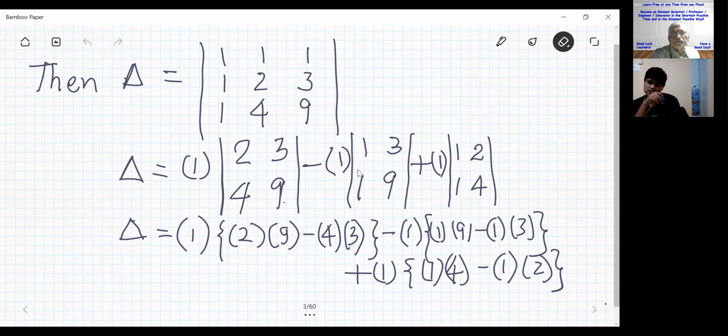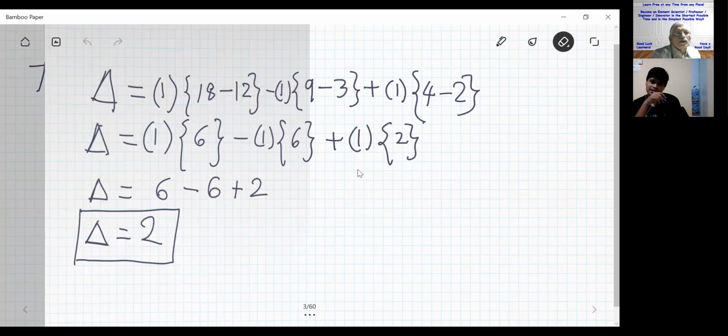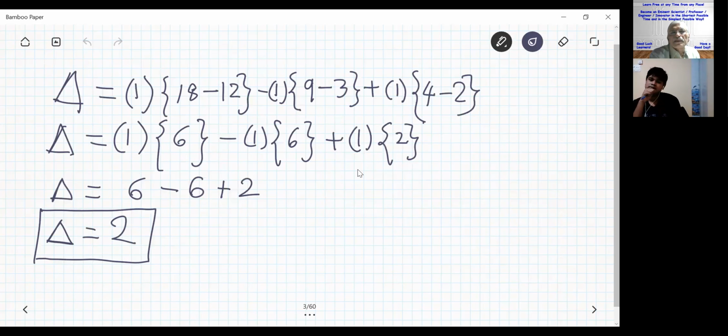So the first one, on simplifying, becomes 18 minus 12, because it is 2 into 9 minus 4 into 3. So 2 into 9 is 18, minus 4 into 3 is 12.